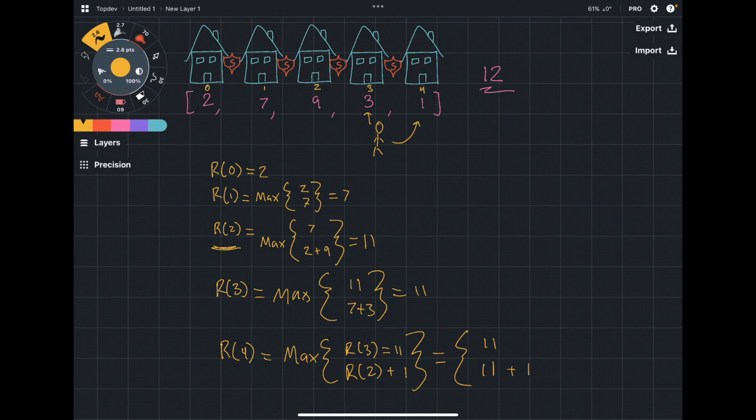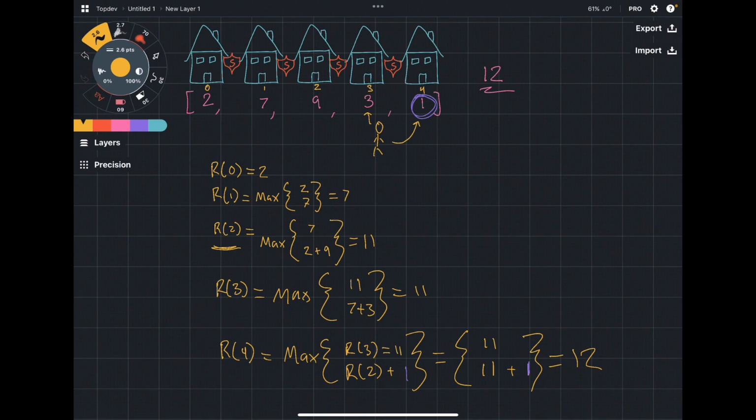And to make this even more clear, I'm just going to put this in a different color, if that's okay. I'm going to use purple. This purple is the 1 right there. It's this 1. Okay? And obviously it's going to give us 12.